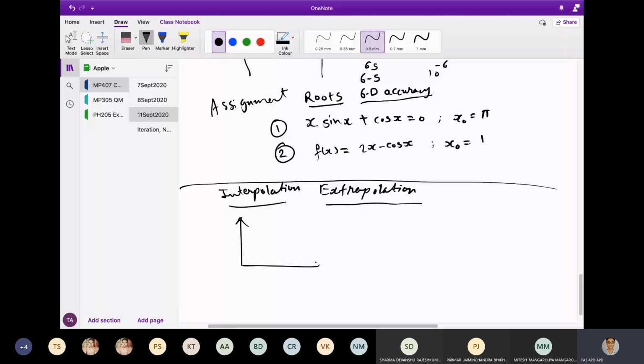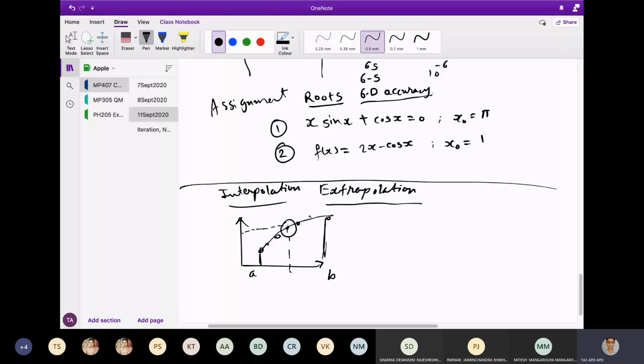If you have a graph given to you, something like this, and you are required to predict the data from the given set, that is called interpolation if your value is to be found between the first and last points given to you, let's say point A and point B. So if you have, let's say, these 4 points and you are asked to find the value of the function at a point over here, somewhere here or somewhere here, that is called interpolation.